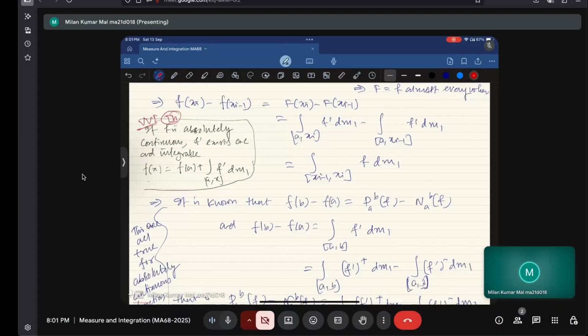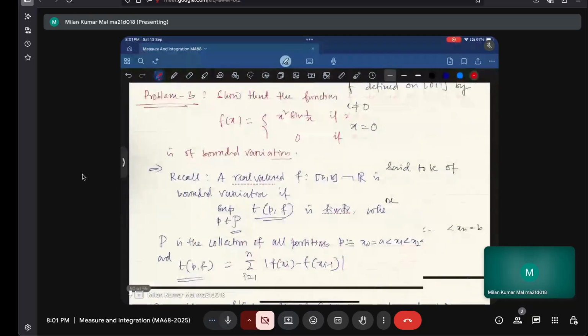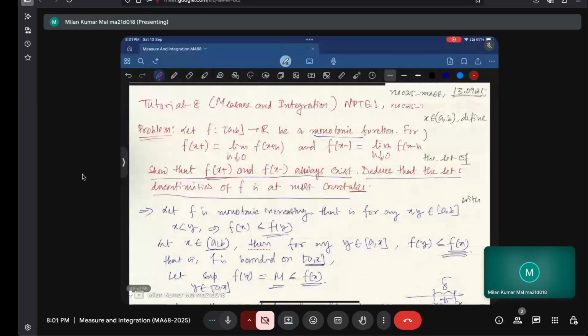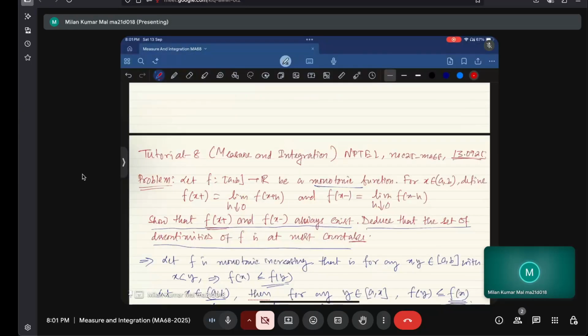So what we have discussed today as a problem: first we discussed monotone functions. For monotone functions, both the left and right limits at any point exist, but they may not be equal.